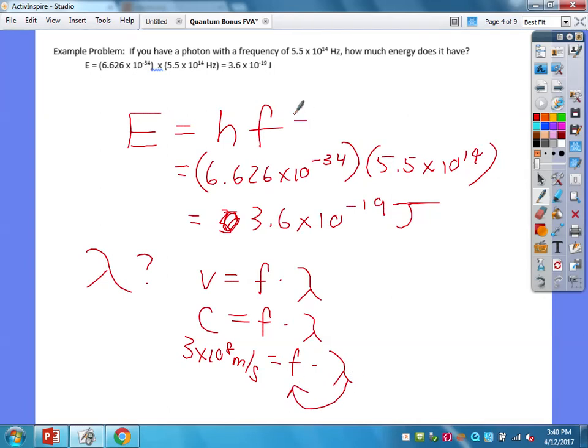Or you can know that this is also hc over wavelength, because frequency is equal to c over wavelength. So I can plug it in that way as well in one step if I want to. So just be aware of that. Again, the main idea is just showing you that light can be a particle. It's being shown through the photoelectric effect because it can interact with those electron particles and get them to be released, okay, if they have enough energy.